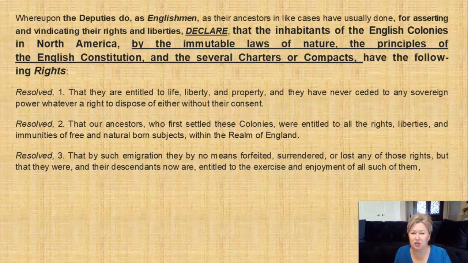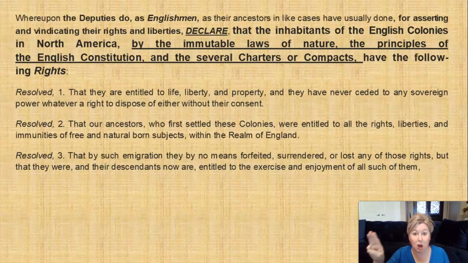This should again ring a bell, just like Petition of Right. They are rooting it every time in law. According to this case, we have this law, right? According to this statute, according to that from way back when. They're doing exactly the same thing. Just as our ancestors have done in the past, we are asserting and vindicating our rights and liberties because of the law of nature, God's law, the principles of the English Constitution, and our charters or compacts.